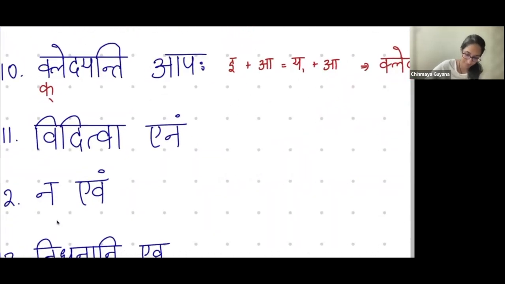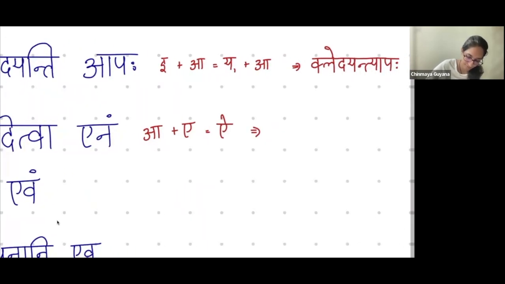Viditva enam. A plus A becomes A. Then this will become Viditvenam.